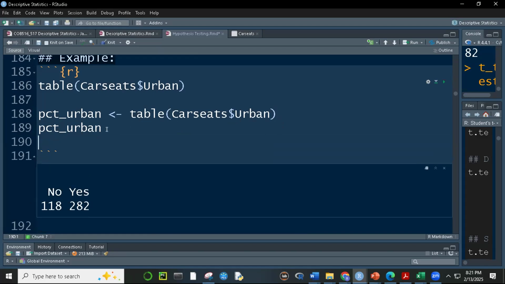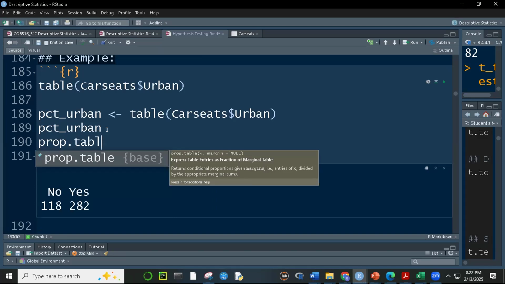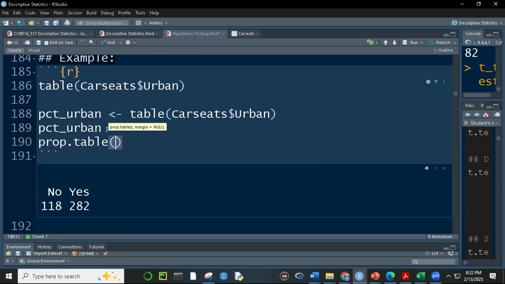However, I created this so that we can now do this. Let me see if I can create this proportion table. Then I'm going to use PCT urban.